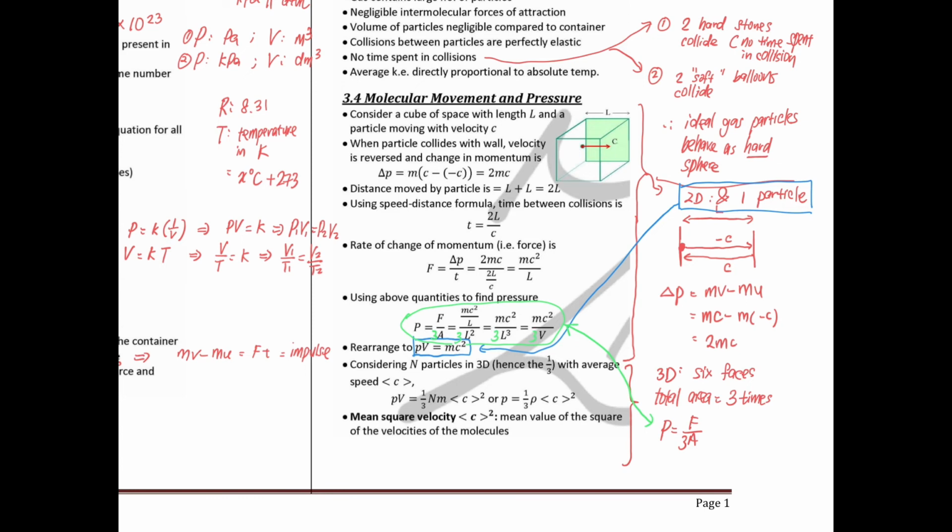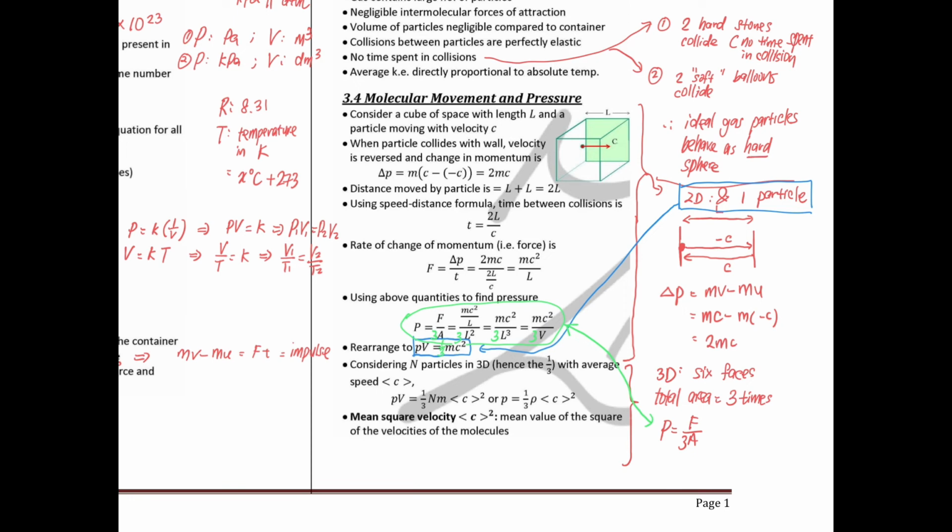So that's why the 3 is there. So that's why if you do the next one, you will have the 1/3. Okay, so PV equal to 1/3 MC square.